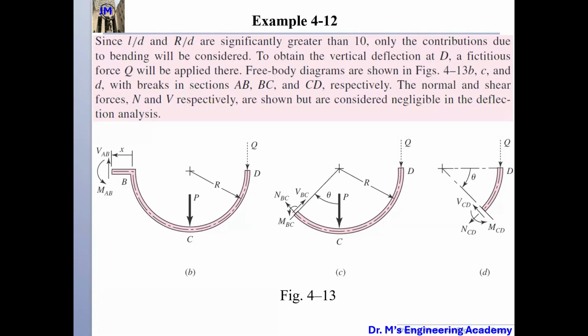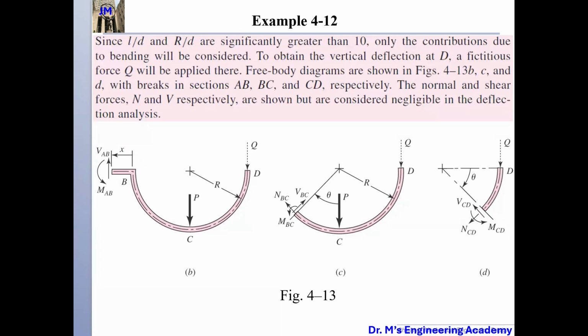So this is a free body diagram. And we will have MBC, the bending moment, and we will have NBC, the axial force, and we will have a shear force, VBC.